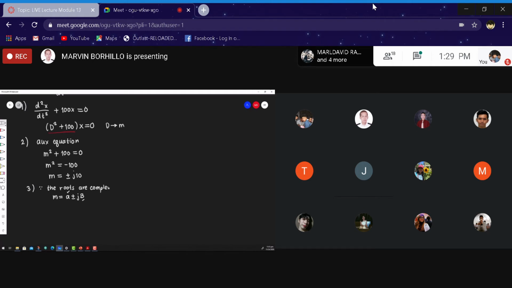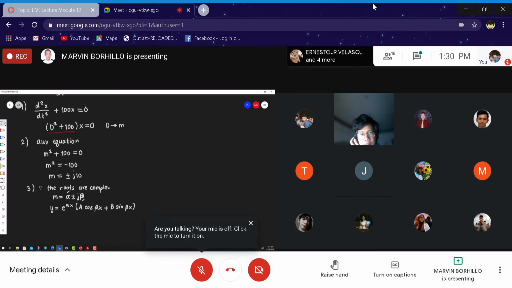Our general solution, a little review: y is equal to e, alpha plus or minus j of beta, e raised to alpha x, times A cosine of beta x plus B sine of beta x.